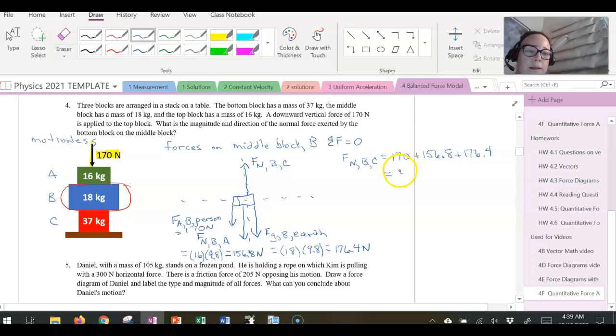And so we see that that is 503.2 newtons. And so that is the answer to the question.